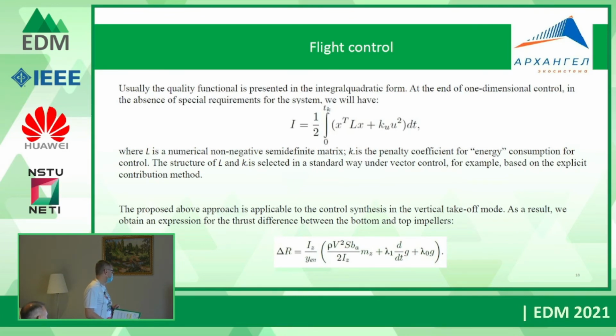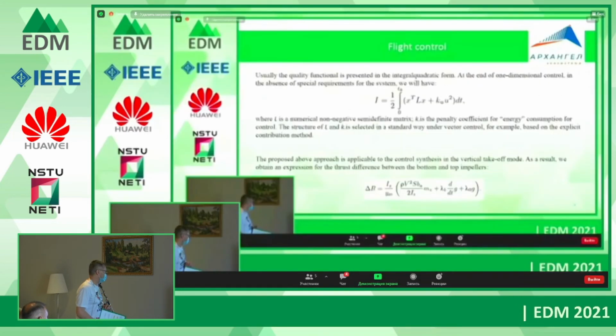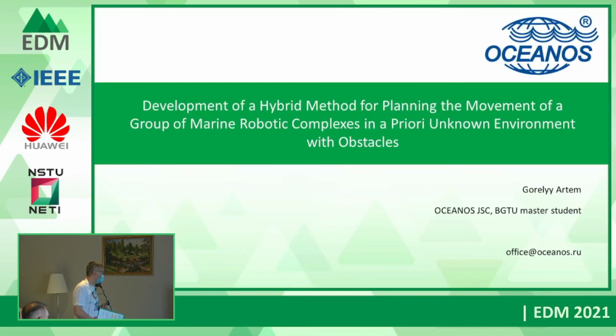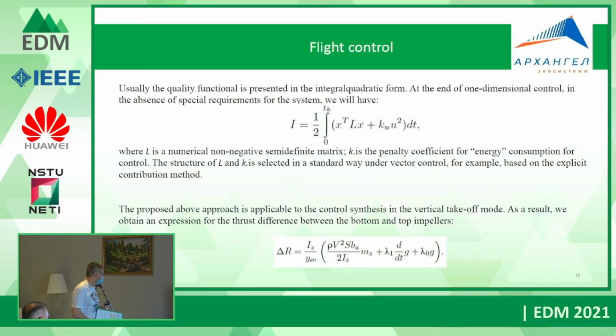How do you choose the elements of the L matrix?